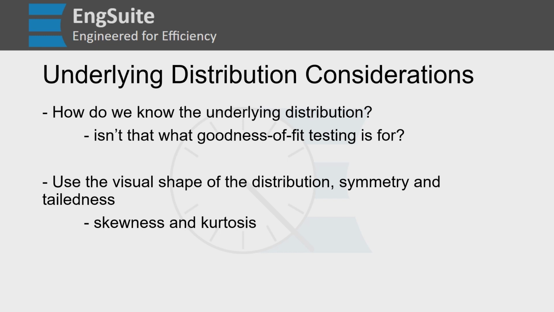In real empirical data, there really isn't an underlying distribution, but we can use the visual shape of the distribution. We can use symmetry and tailedness to identify and distinguish between two different categories. So skewness and kurtosis are measurements of that shape, and they can help us to determine which test to use.